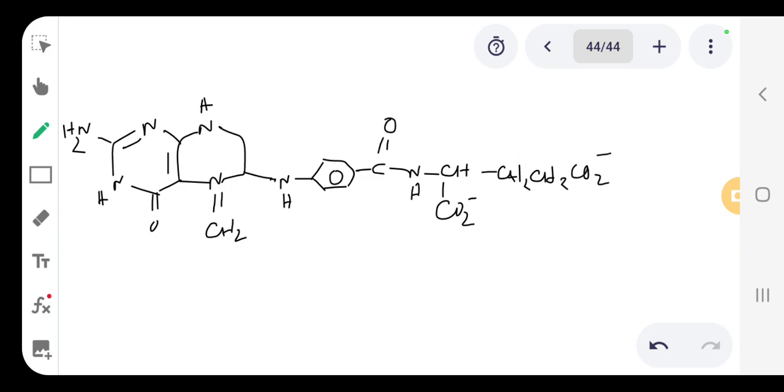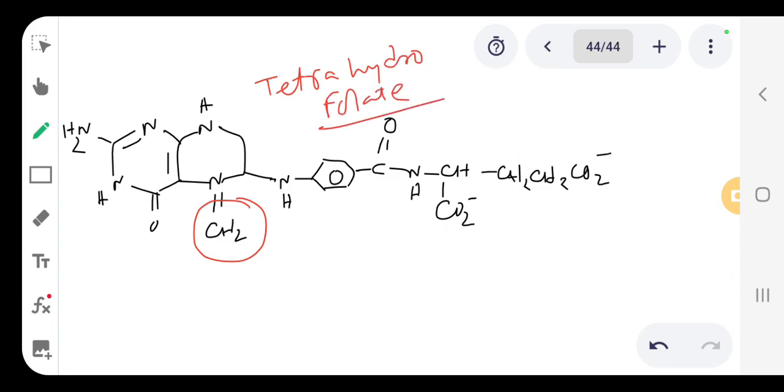So this is the structure of CH2THF, right? And in this CH2THF, particularly this is the CH2, and THF means tetrahydrofolate. So this is actually the folic acid moiety.